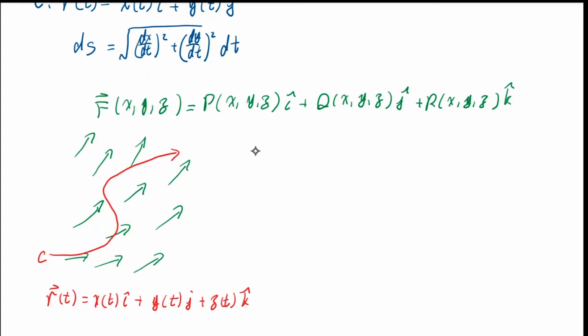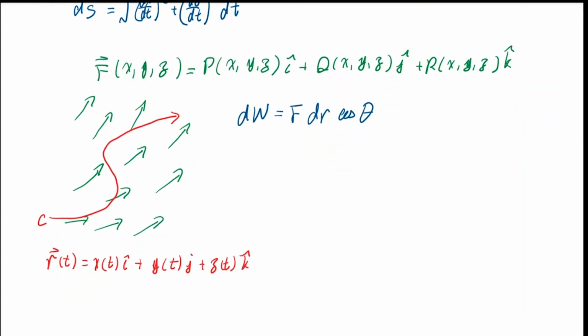So, do you remember work dW is F dot dr? Okay, F dr and cosine theta. You want me to draw that diagram for you? Why is that? Work is force, displacement, and cosine theta.